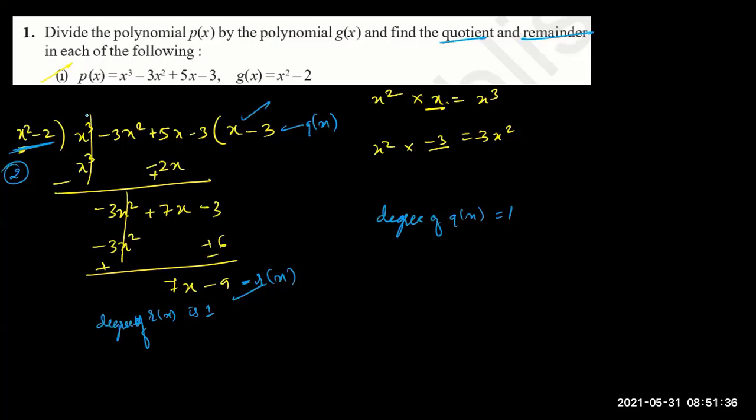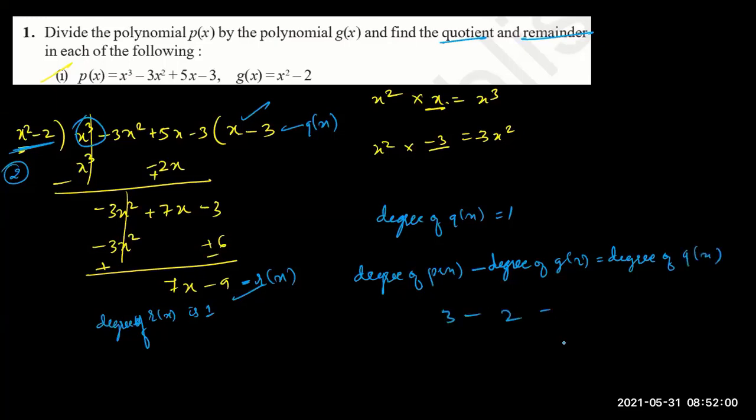The degree of p of x minus the degree of g of x is equal to the degree of q of x, meaning 3 minus 2, that is 1.